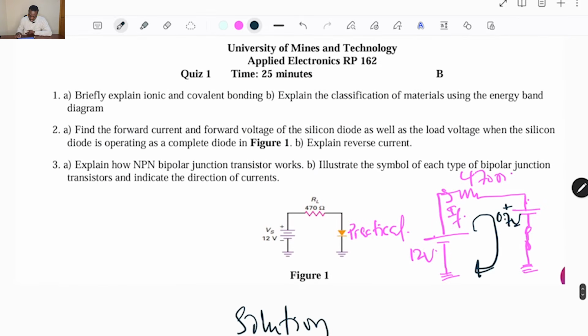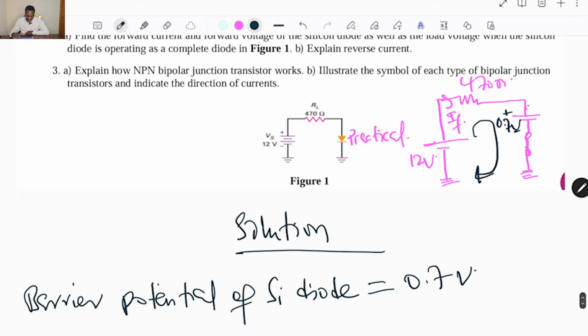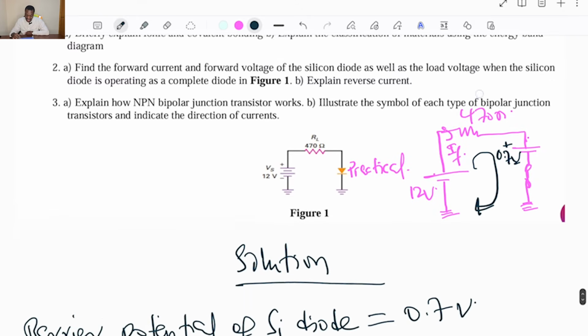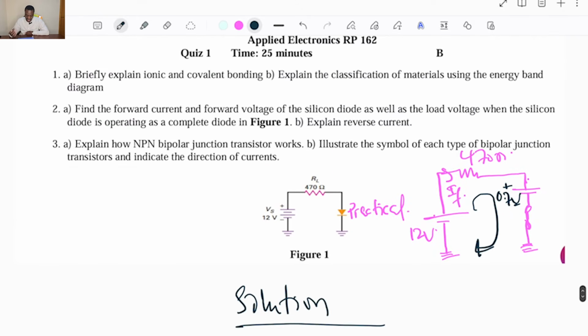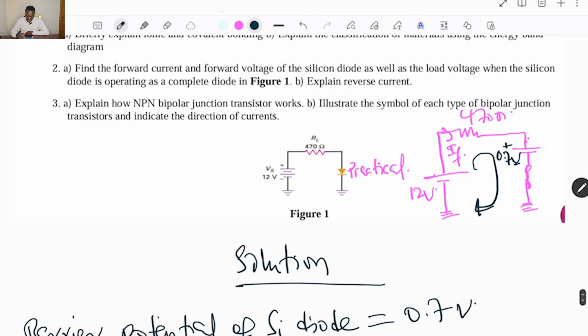Here we have to use this for a complete diode. Okay, I have to change this order. The question here says complete diode, not practical, so let me correct this.